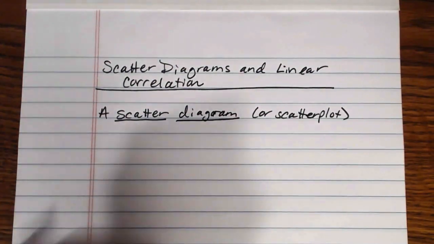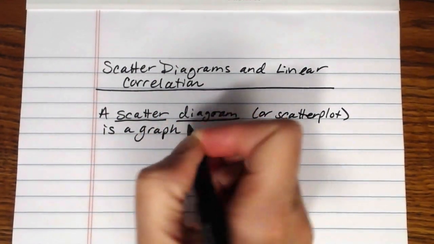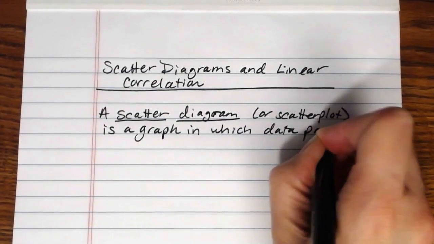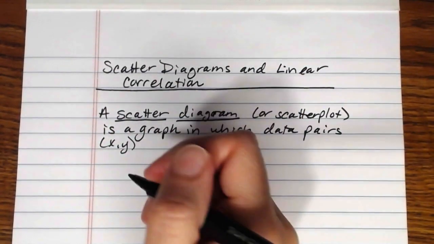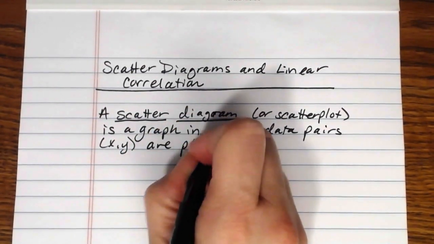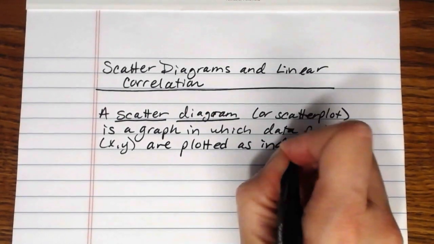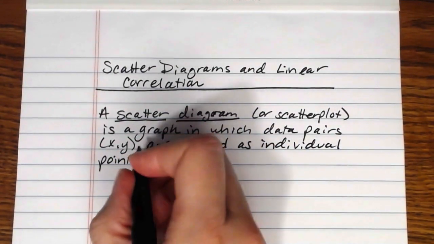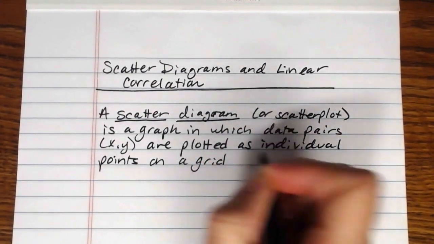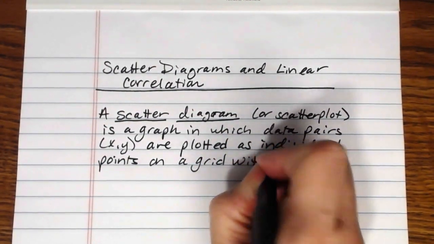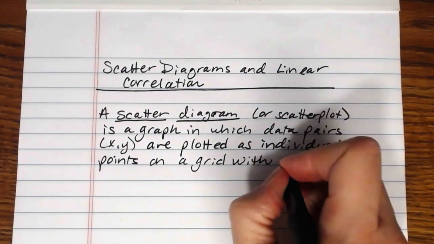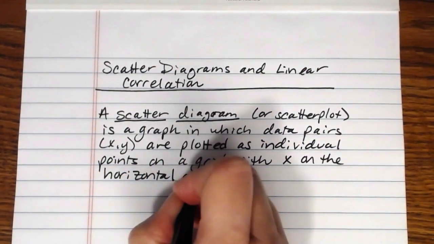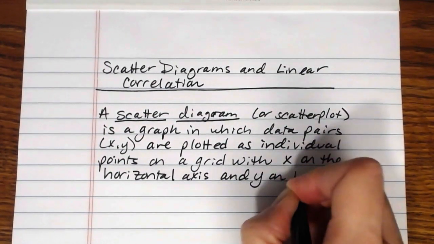So a scatter diagram or scatter plot is a graph in which data pairs in XY format are plotted as individual points on a grid with X on the horizontal axis and Y on the vertical axis.